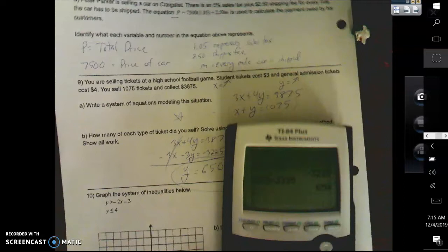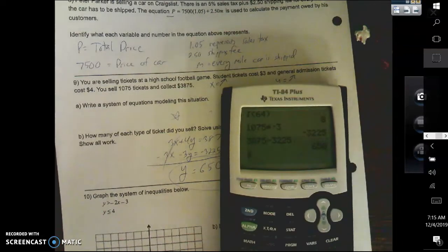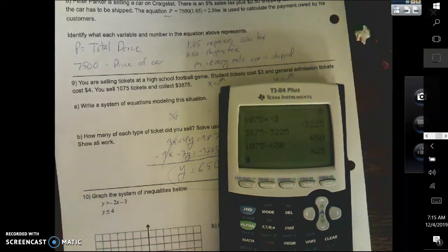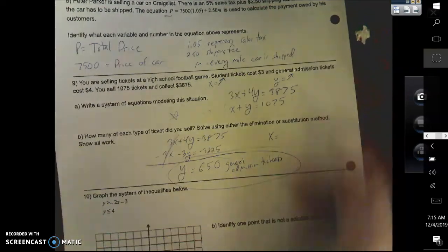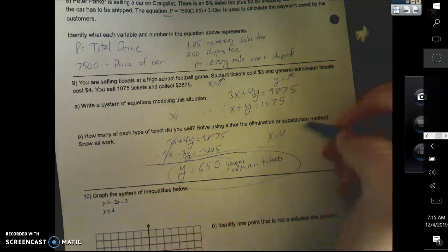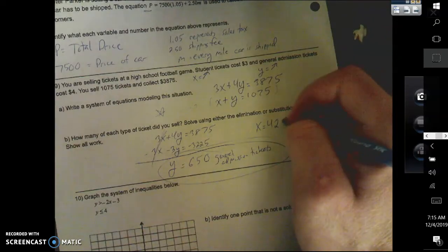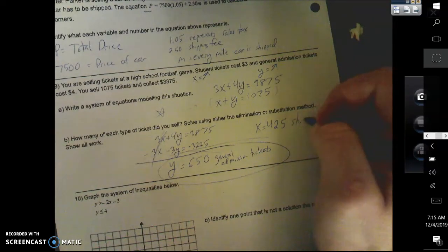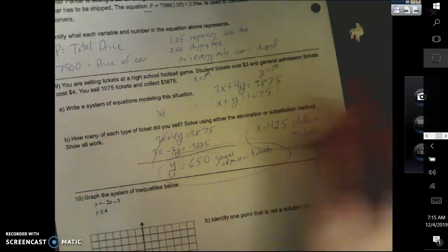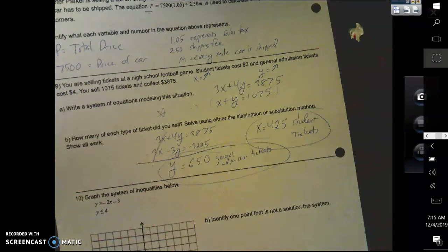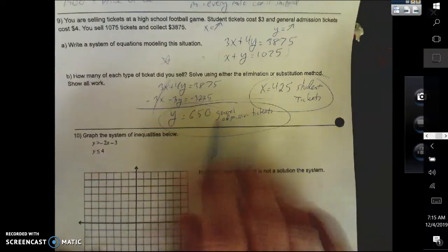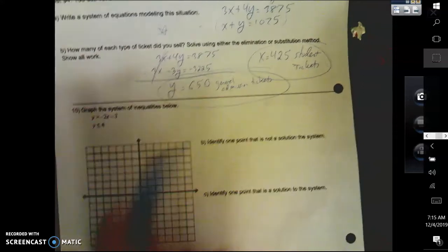That's a little better. 1,075 minus 650 is 425 for my x. 425 student tickets. Please label things, okay? It's a word problem, not just a normal problem here. So you also write it as a point, and you have to make sure you label things. Wow, that was crazy. All right, good stuff.